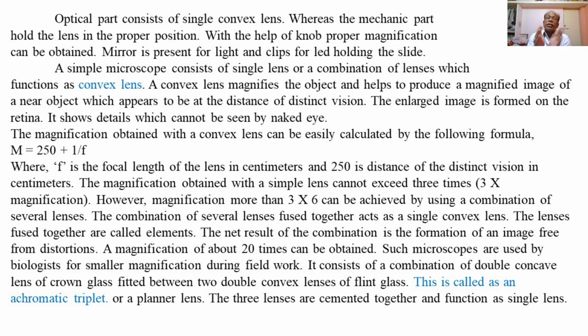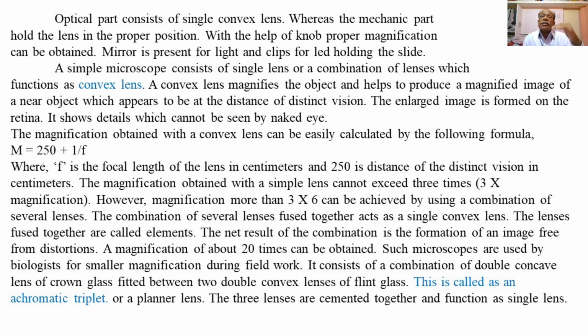In this case, one can use two convex lenses on two sides, and in between these two convex lenses there is a concave lens. So this will form a single unit of three lenses.